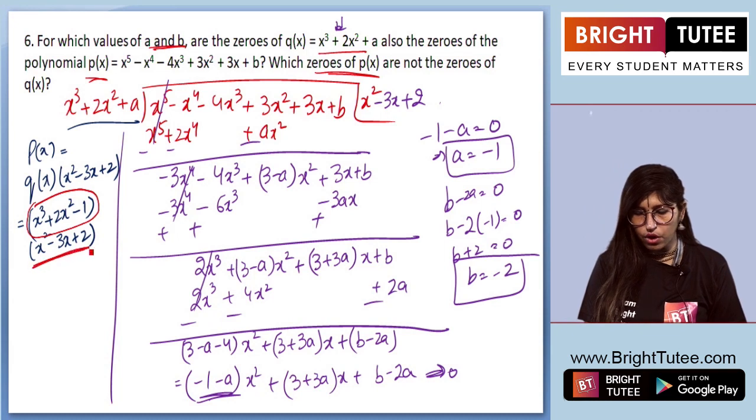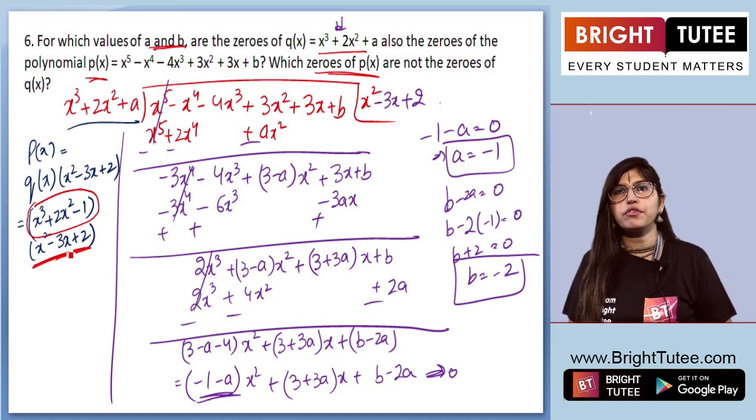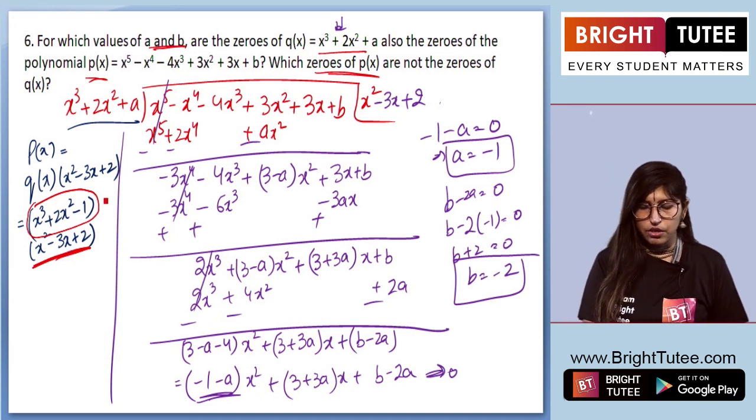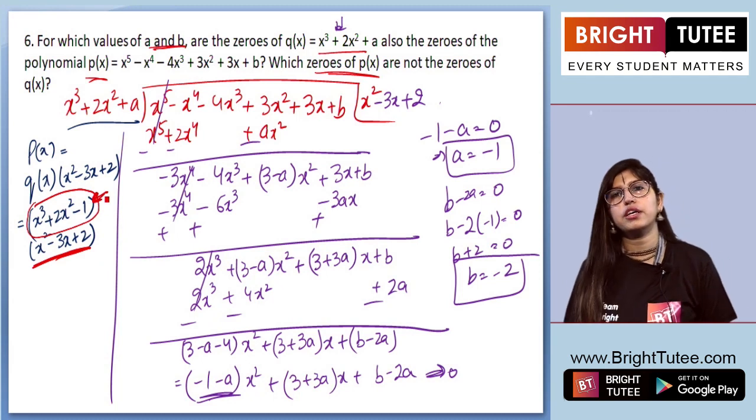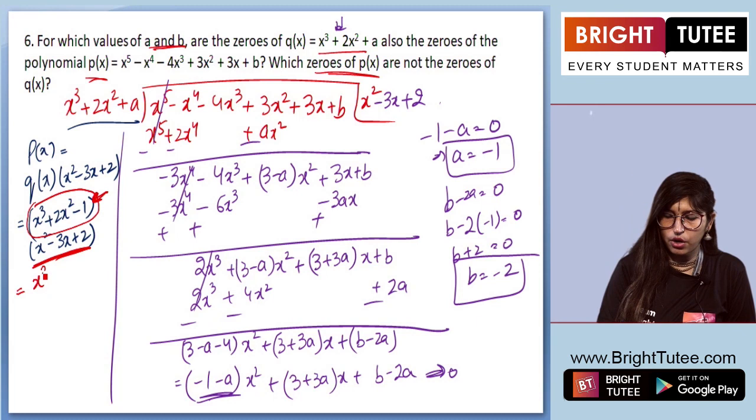So whatever be the factors of the other polynomial, those would not be the zeros of q(x), because for zeros of q(x), this is the only polynomial which we have.